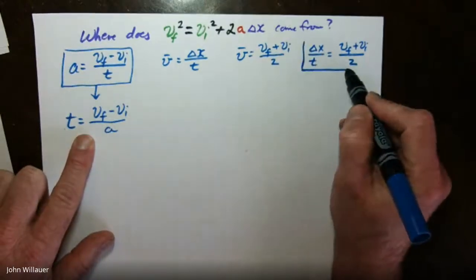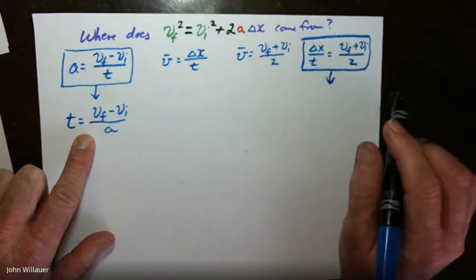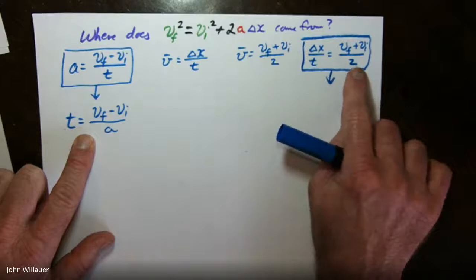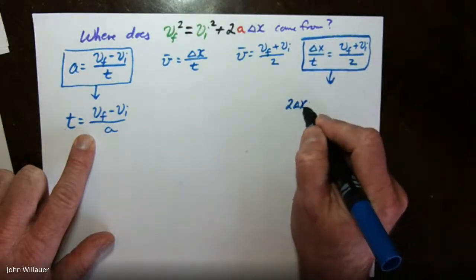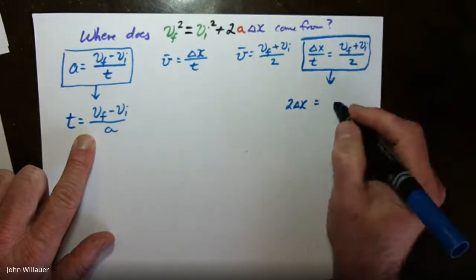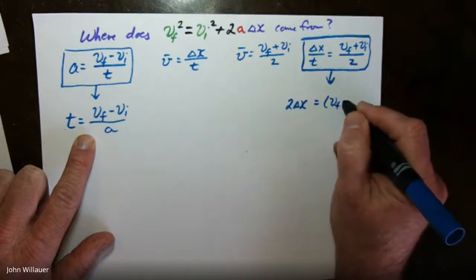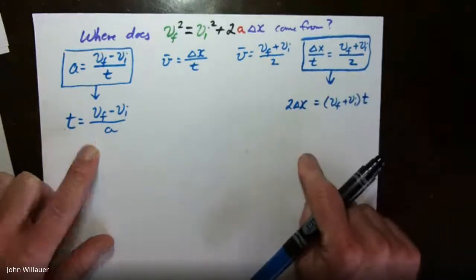And then this one here, I need to rewrite this one, so time by itself. I'm going to do this kind of quick. I'm going to multiply 2 to this side, so I'm going to get 2 delta x, 2 times the displacement. I'm going to multiply time to this side, so that's going to equal VF plus VI times time, because I want it out of the denominator.